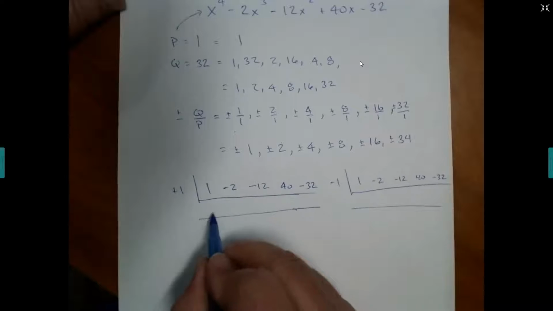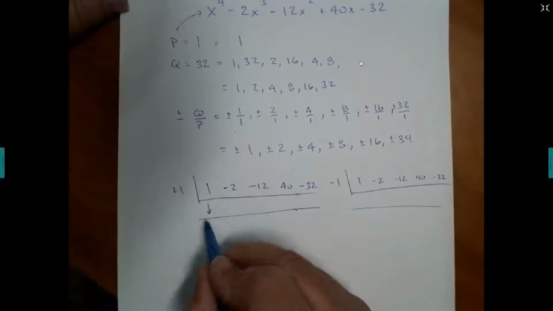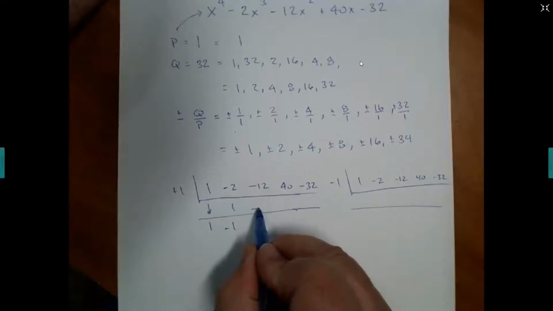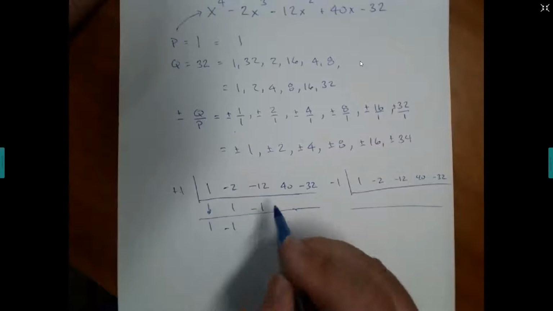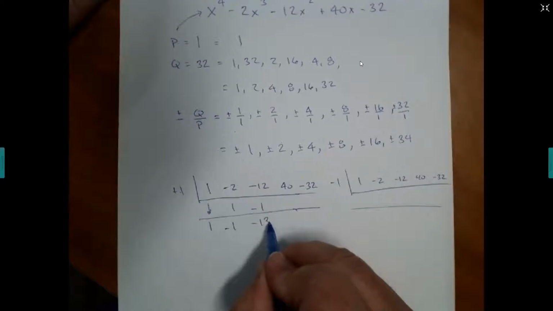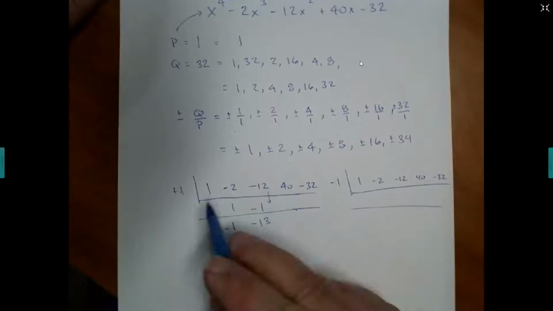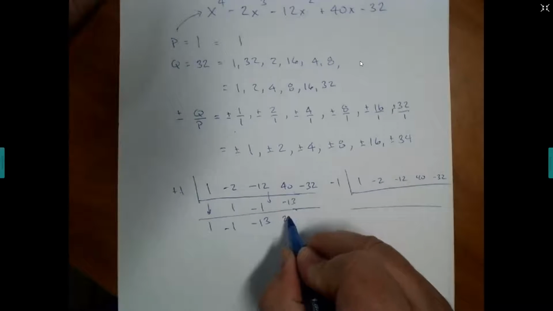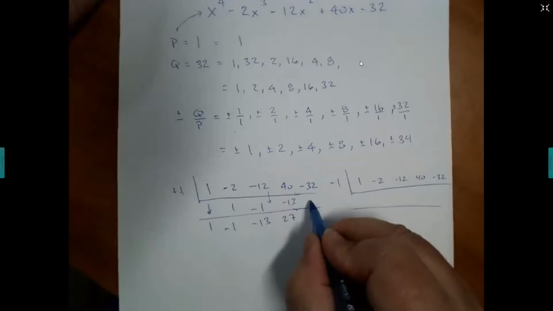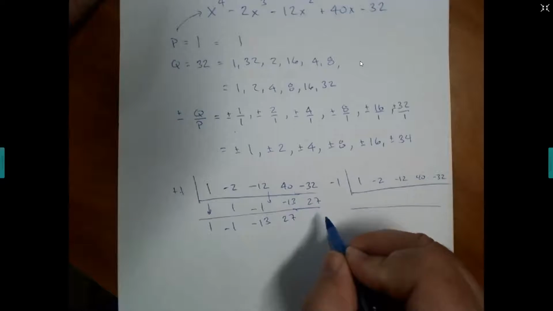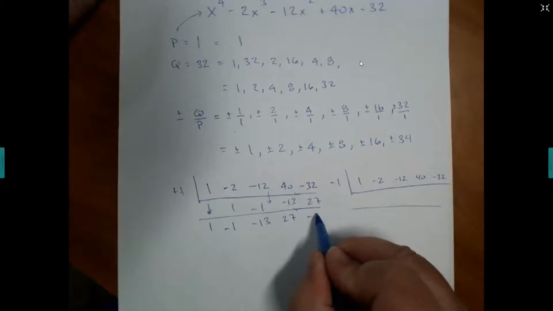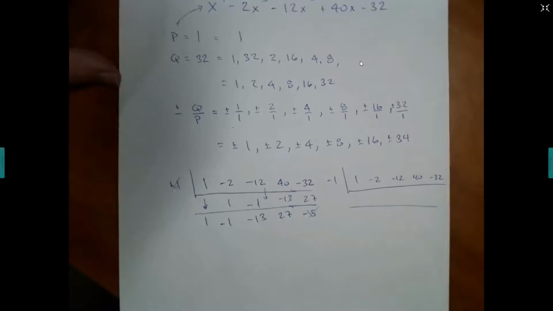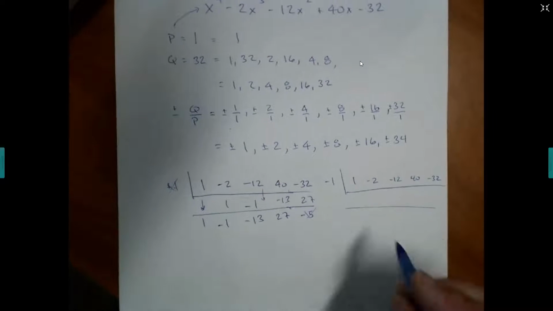Bring on the first term, multiply 1, add, multiply is 1 times -1, add, down. 1 times -13 is -13. Add is 27. So answer would be -5. That doesn't work. So 1 doesn't work.